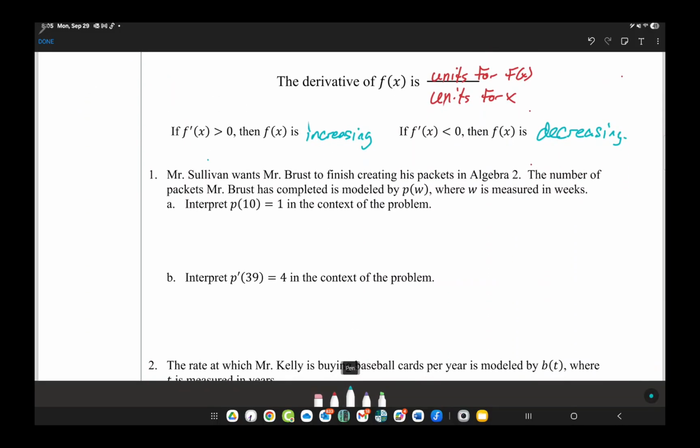Mr. Sullivan wants Mr. Brust to finish creating his packets in Algebra 2. The number of packets Mr. Brust has completed is modeled by P of W, where W is measured in weeks. Interpret P of 10 equals 1. So what that means is this again is weeks, and this would be number of completed packets.